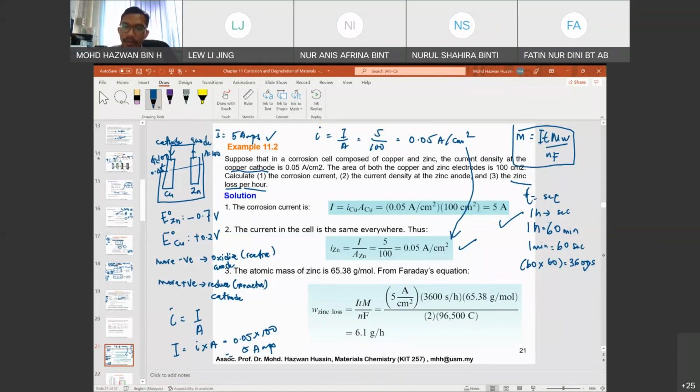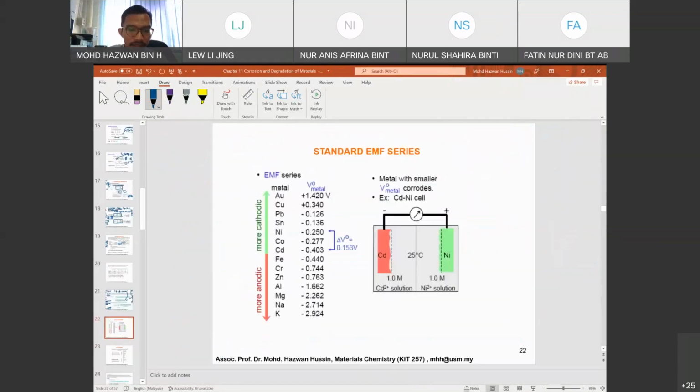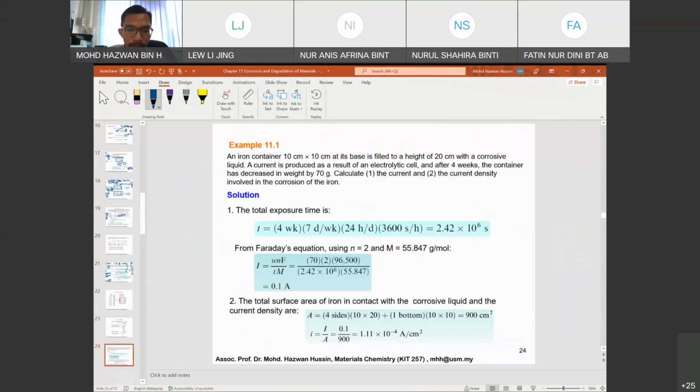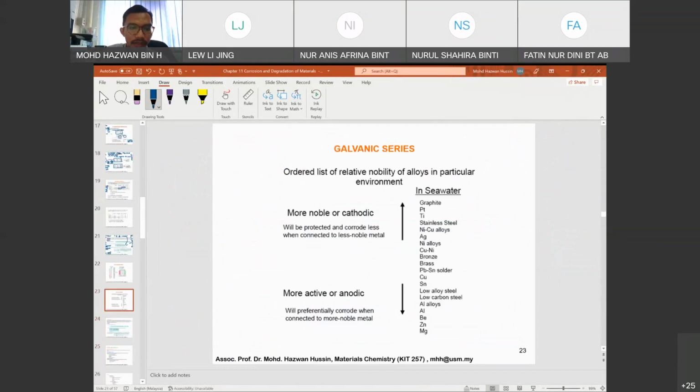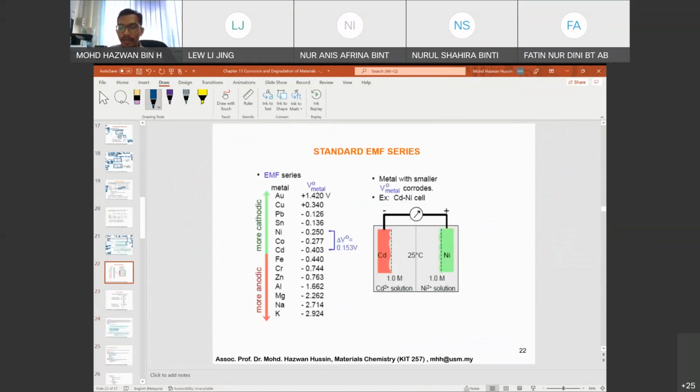This is not per hour as a unit, but this is the 6.1 gram of zinc lost in 1 hour. I hope this one is quite clear to you guys lah. We are going to look at other examples also after this, before we end.